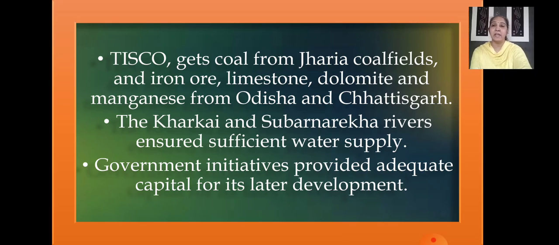Then the Kharkai and the Subarnarekha rivers, these two rivers ensure the sufficient water supply that is required for TISCO, that is Tata Iron and Steel Company Limited. Okay, and even the government initiatives provided adequate capital for its later development. That is the reason Sakchi was chosen to set up the steel plant, for the reasons that you have learnt now.